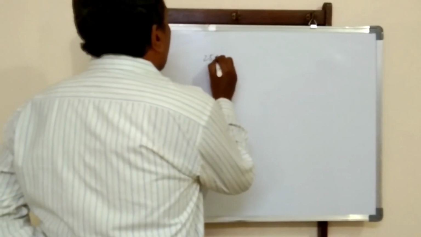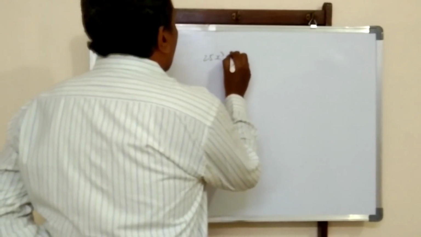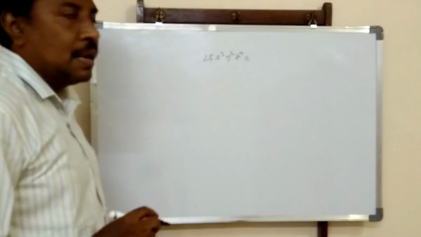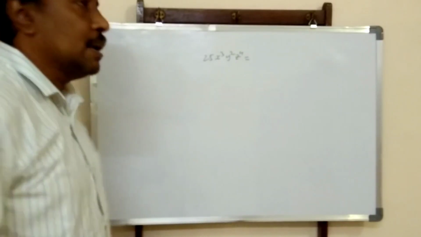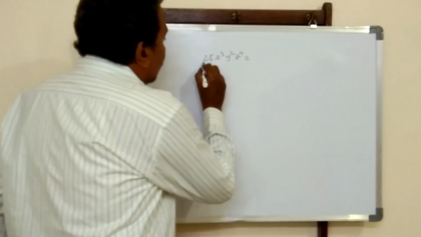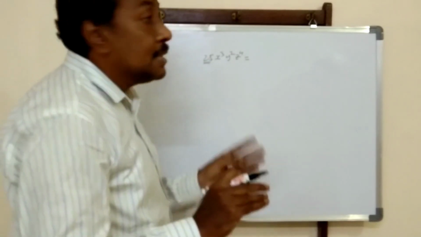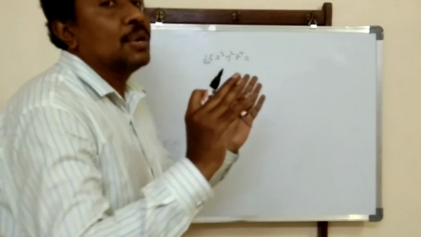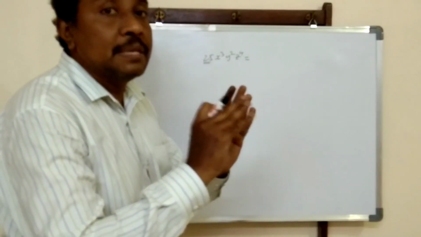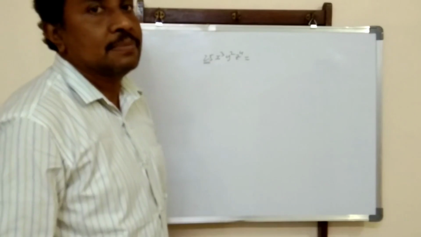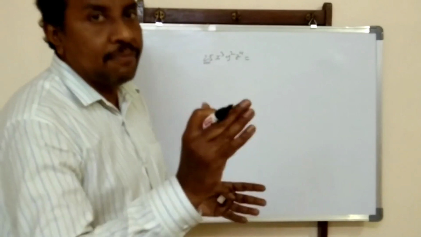Take 25 x cube y square z power 4. How to write this monomial in expanded form? First of all, we have to factorize the numerical coefficient. Factorizing means expressing the numerical coefficient as a product of prime factors. That is what we call prime factorization.